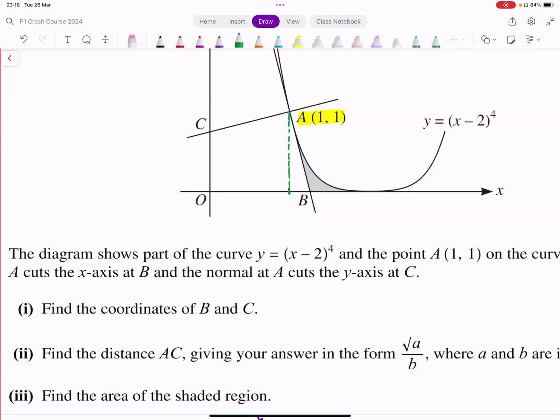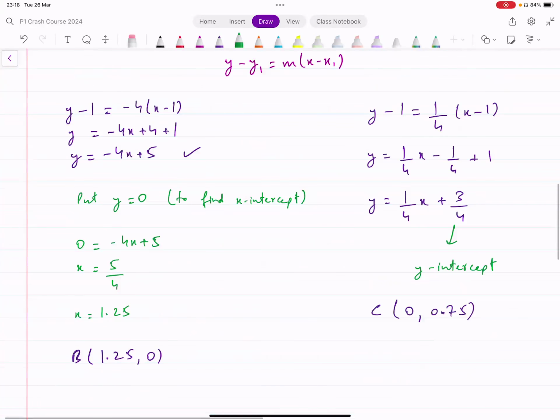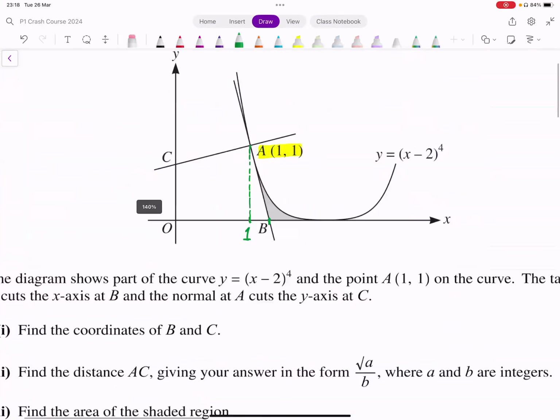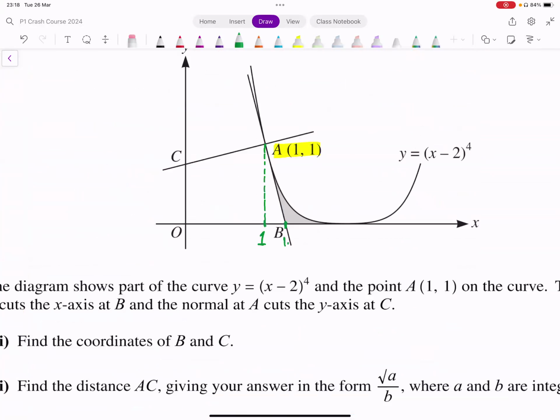Okay, so we already know this point is 1, right? And we also know this point. We have found this. This was 1.25, or 5 over 4.